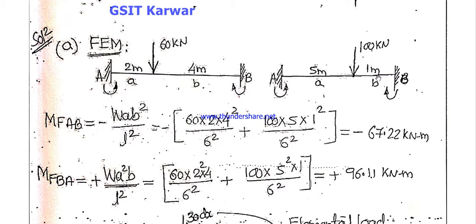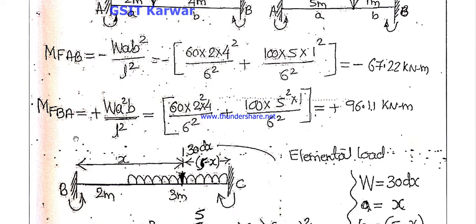Similarly, considering the other load of 100 kilonewton, substitute the values and calculate using a calculator. We are getting the answer minus 67.22 kilonewton meter. I hope all of you got this answer.